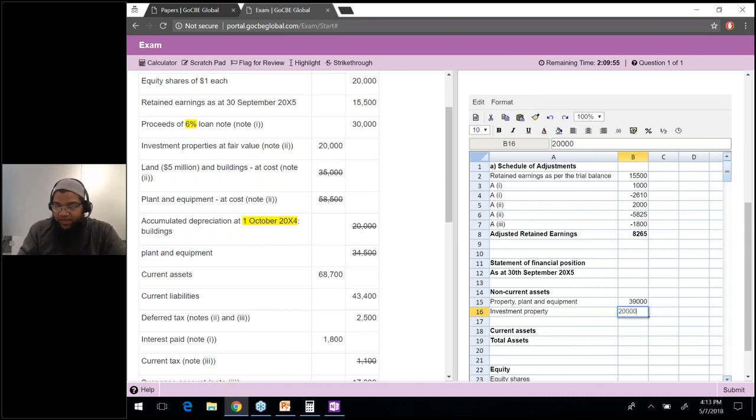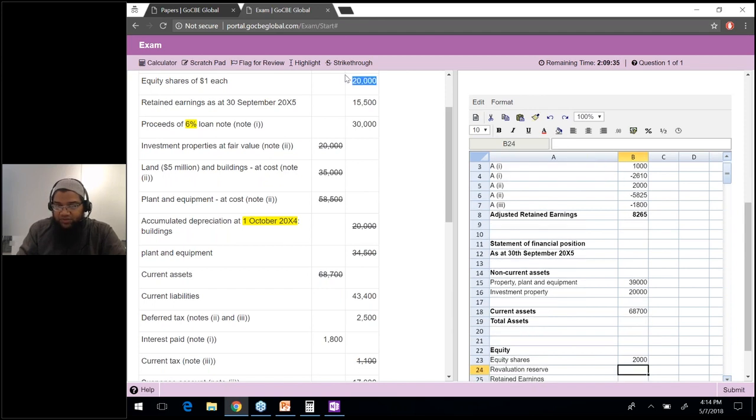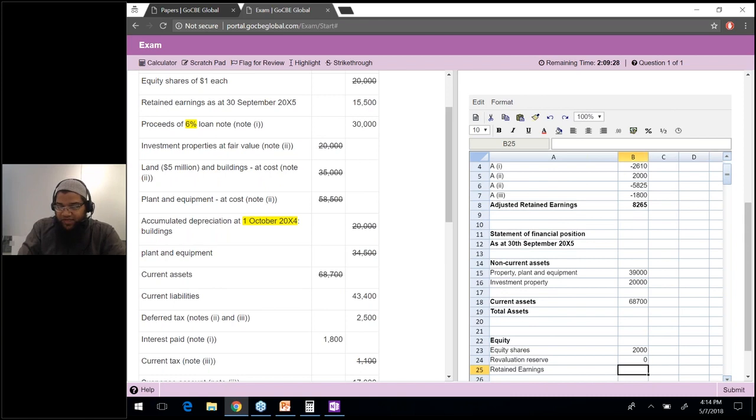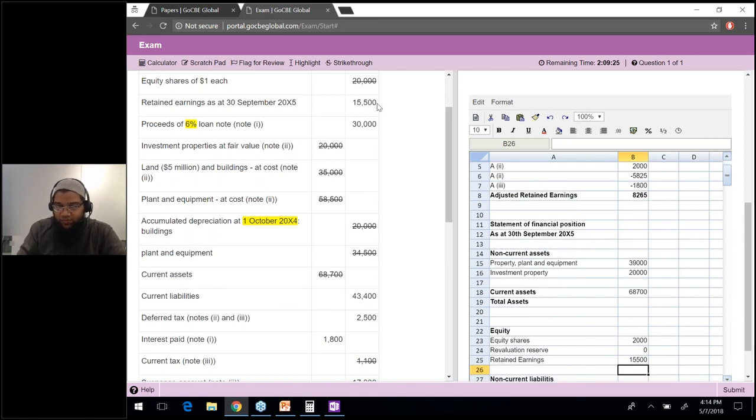The investment property given to us was 20,000. So we have written this. The current assets given to us was 68,700. We have written this. All these values have been incorporated. The equity shares given to us was 20,000. There was no revaluation reserve given to us. The retained earnings given to us was 15,500.